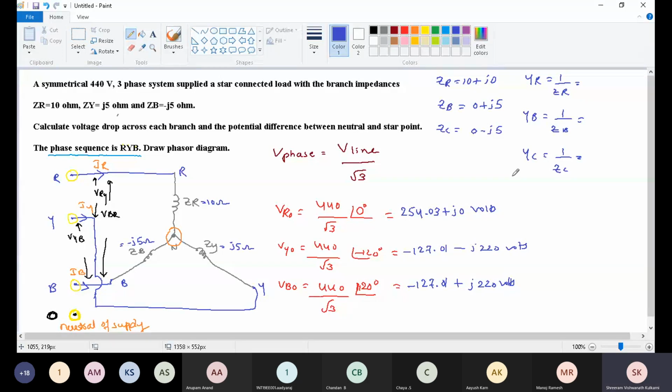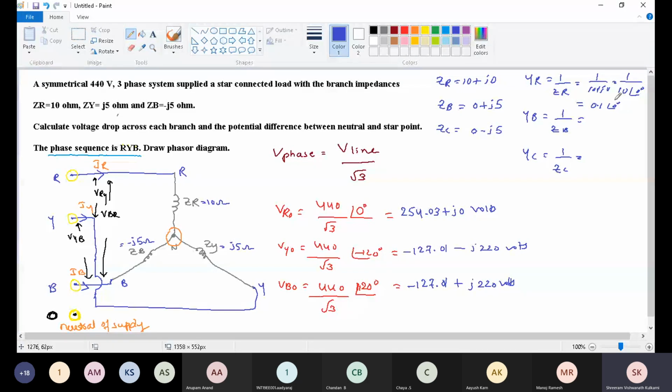I need to convert this 10 plus j0 into polar form, I'll get 10 and angle of 0 degree. So my YR will be 1 by 10, that is 0.1 and angle of 0 degree.